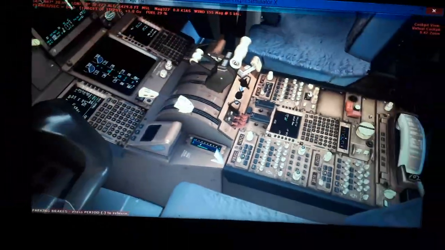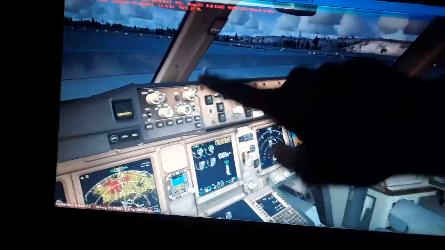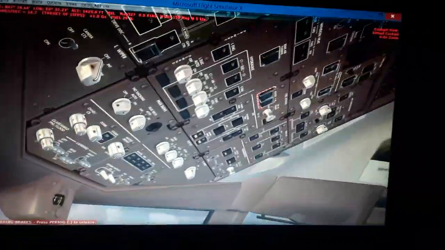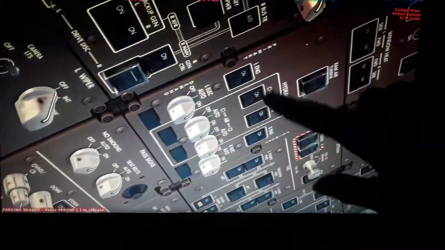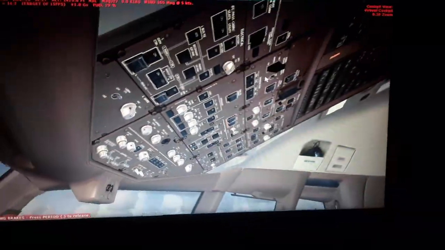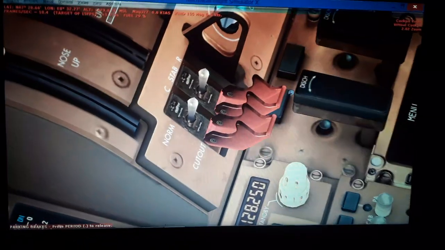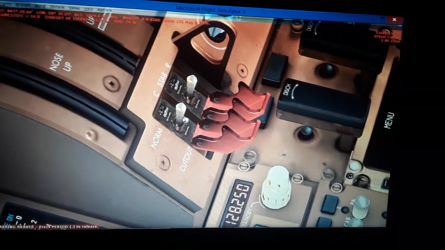If you have a failure here of the autopilot and the auto throttle auto trim system, or a failure in the hydraulics, you have to disconnect from the autopilot the auto trim function like this, and you open the red guarded covers of the switch from the CMD, and you disconnect from normal to cutout.